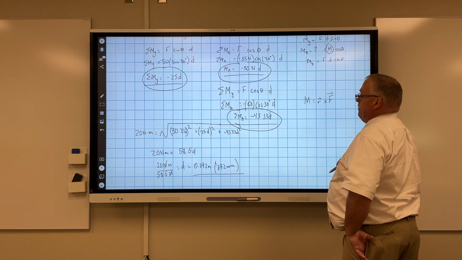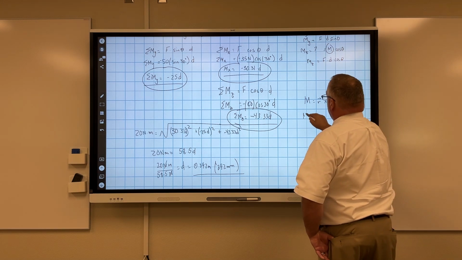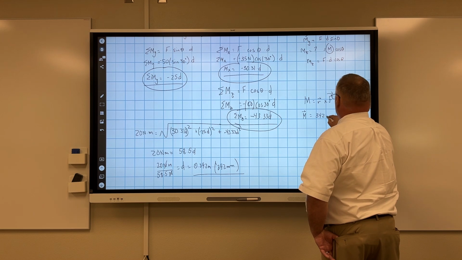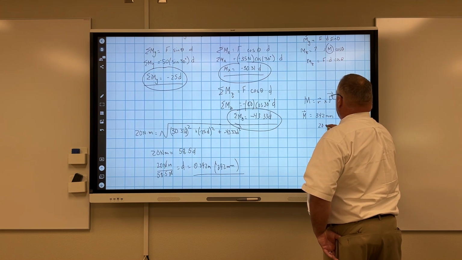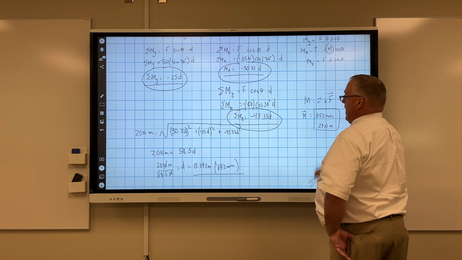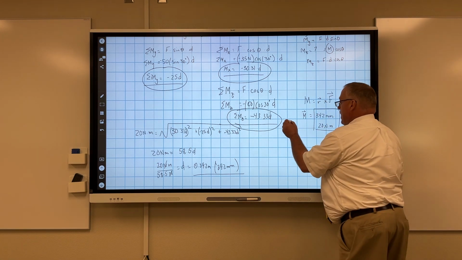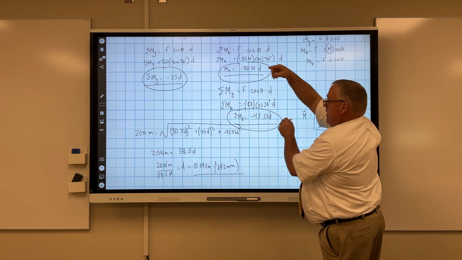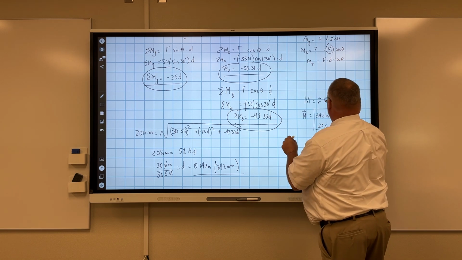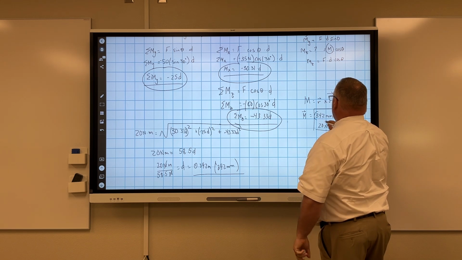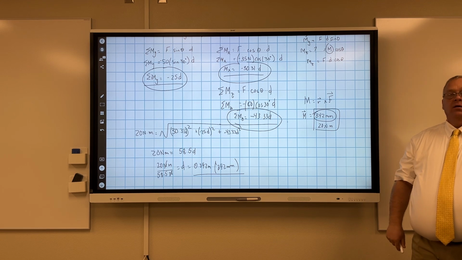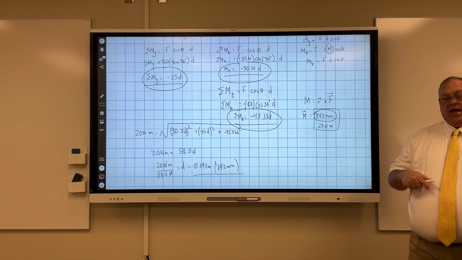So even though we're looking at the moment of a couple, our moment is at 342 millimeters, and there's a 20 newton meter resultant at that distance. So if we're looking coming out, and this distance here going up to our handle, this distance here would be 342 millimeters. So what's the difference between that and the moments that we calculated last week?